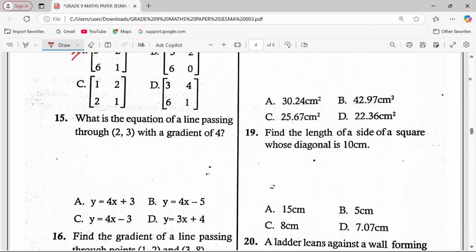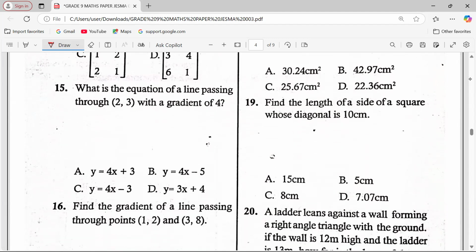What is the equation of a line passing through 2, 3 with a gradient of 4? We usually say that a gradient is given by change in y over change in x. So we let another coordinate be x, y so that we express our gradient of 4.